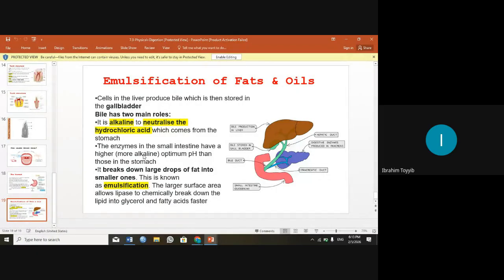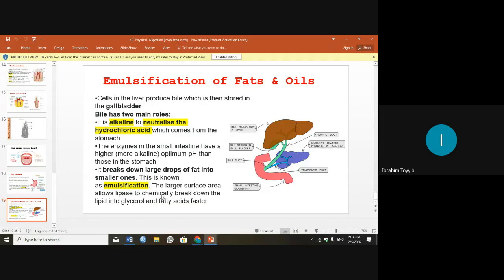The enzyme will not function. So it breaks down large drops of fat into smaller ones. This is known as emulsification. The major function of bile is the emulsification of fat, and the alkaline medium of bile neutralizes the hydrochloric acid, that's HCl, coming from the stomach.